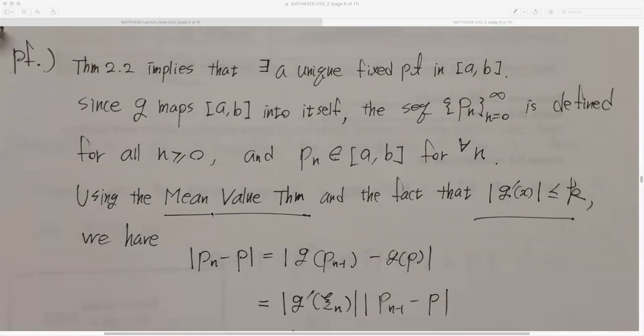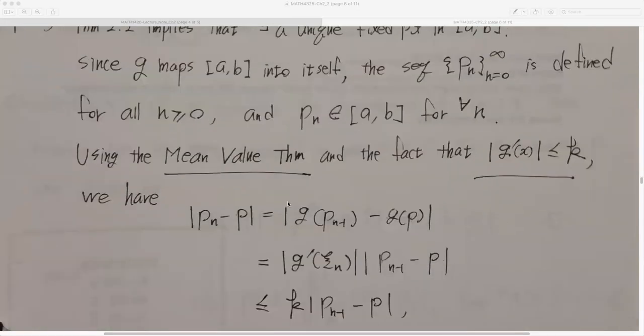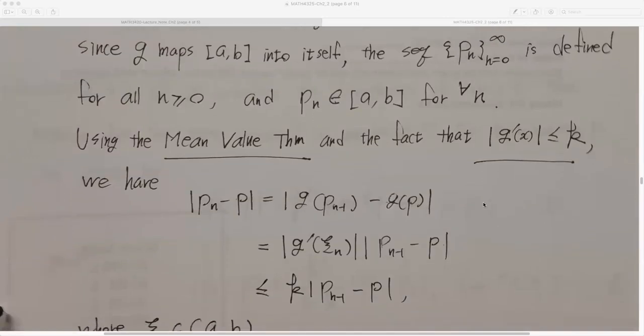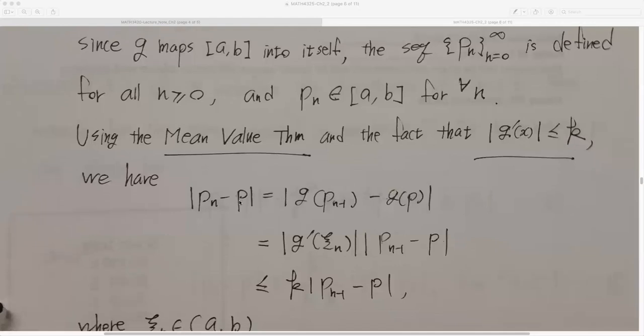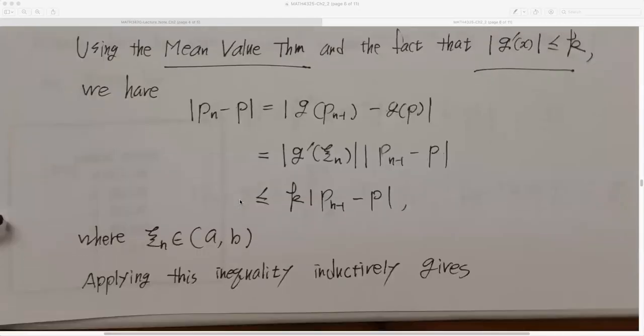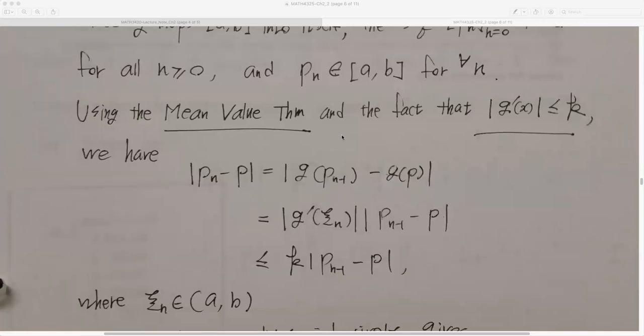We're going to use the mean value theorem and the fact that the absolute value of the derivative of g is bounded by k. The strategy for proving theorem 2.3 is really similar to the proof of the second statement, B, in theorem 2.2, right?